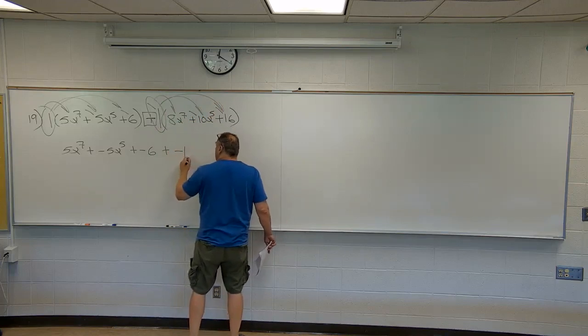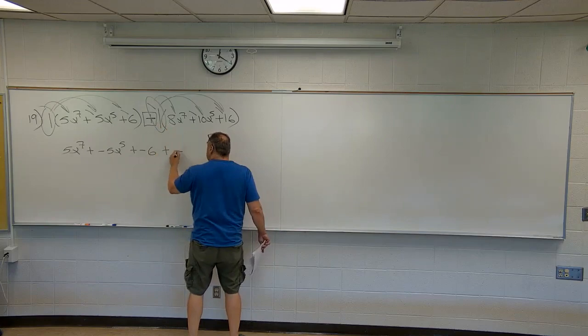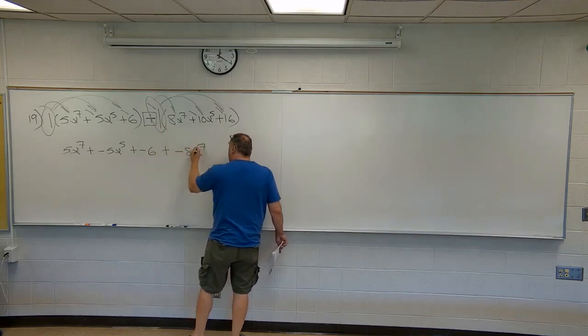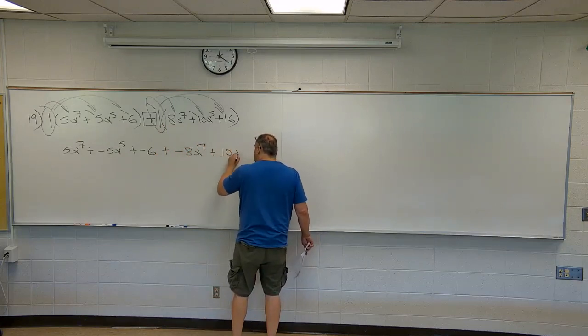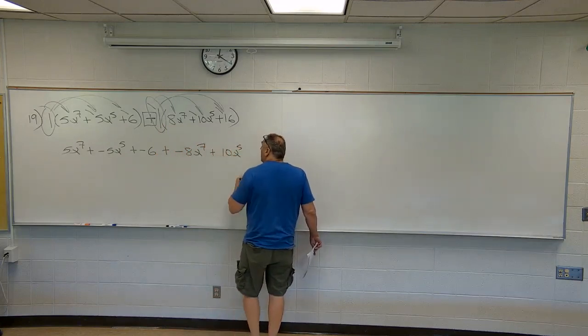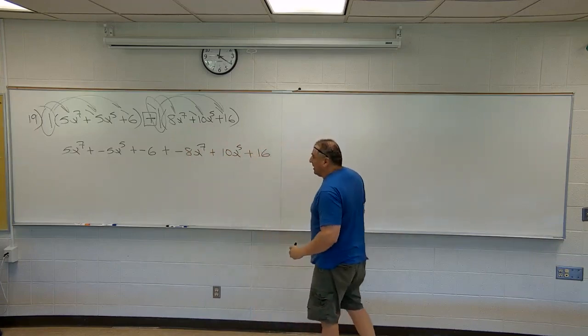Negative 1 times positive 8x to the 7th. Negative 1 times negative 10 is positive 10. Bring that along. Negative 1 times negative 16 is positive 16.